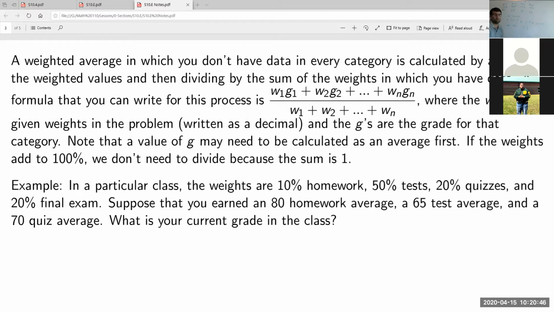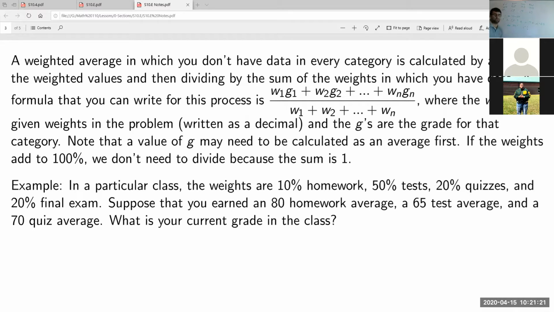A formula for this process looks like this: weight 1 times grade 1 plus weight 2 times grade 2 plus weight 3 times grade 3, on and on, divided by the sum of the weights, where the W's are the given weights in the problem, usually written as a decimal, and the G's are the grade for that category. Note that a value of G may need to be calculated as an average first.